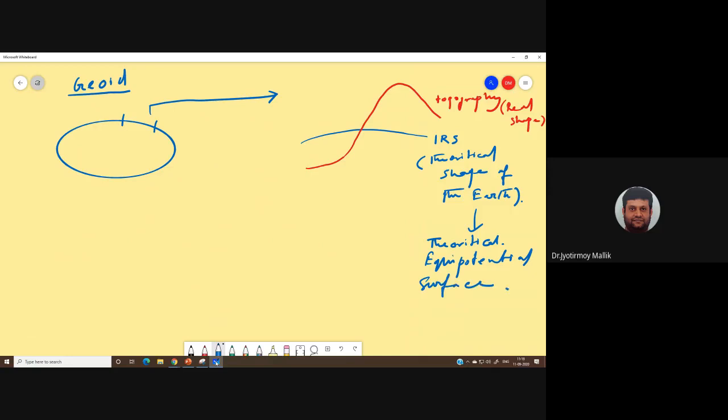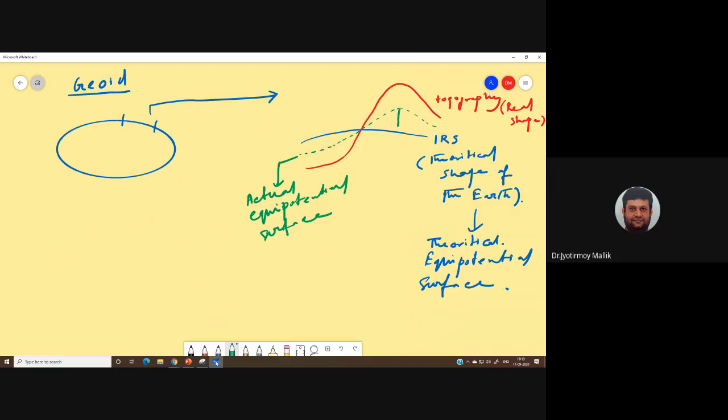Okay. But due to the difference in topography, the actual equipotential surface will be somewhat different than the IRE. Okay. So this is the actual equipotential surface, and it is attributed to the change in topography. Okay.